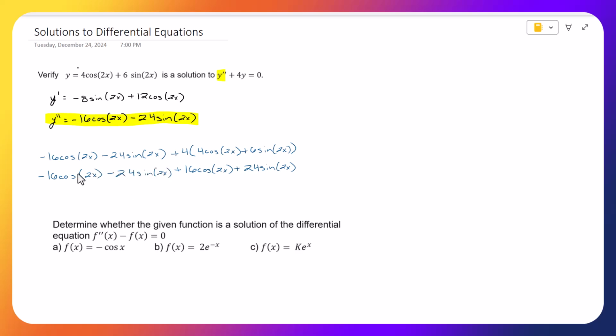When we simplify this, negative 16 plus 16 is 0, and negative 24 plus 24 is 0. So this whole expression turns into 0. And boom, just like that, we verified that this function is a solution to that differential equation. Boom, there's one.